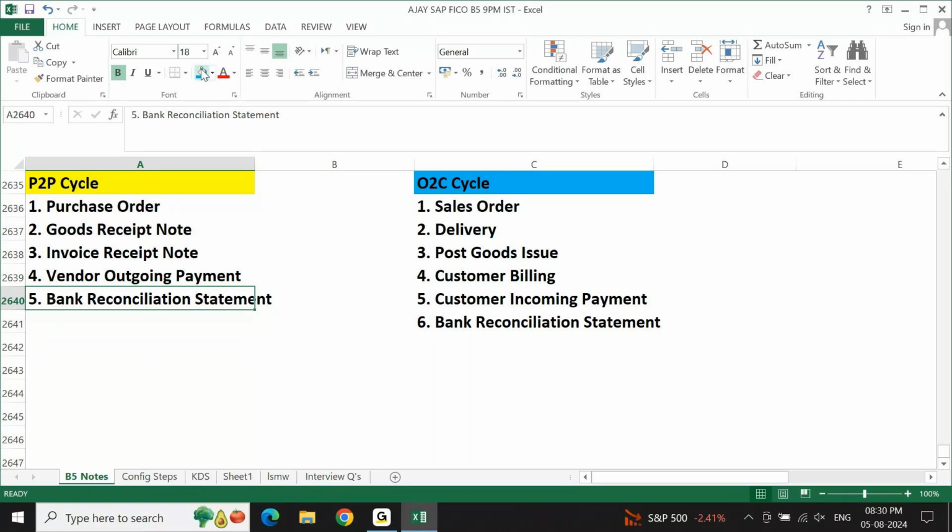Now, we discussed a point: you are concerned about the P2P cycle and the OTC cycle, or the MM and SD modules, only if there is an accounting impact. Otherwise, we are not concerned. If there is no monetary or financial impact, we are least bothered about MM and SD.